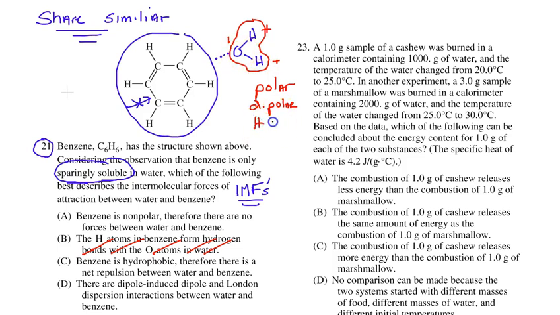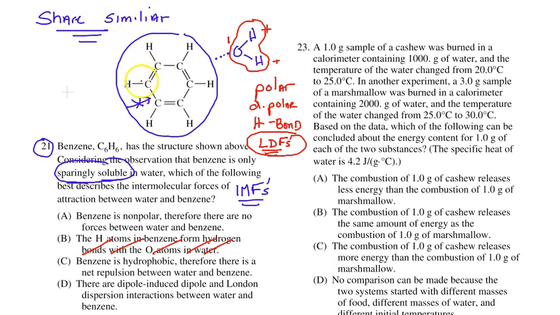So we know there's H bonding. And all chemicals have LDFs, and LDFs are London dispersion forces. This is due to the cloud of electrons that the oxygen has and the cloud of electrons that the benzene has. So because these have LDFs, that's the magical part here.